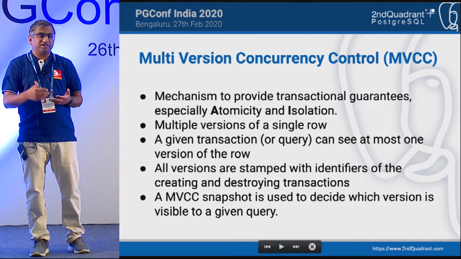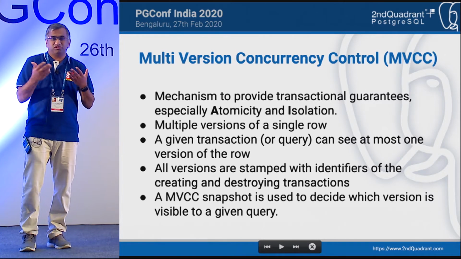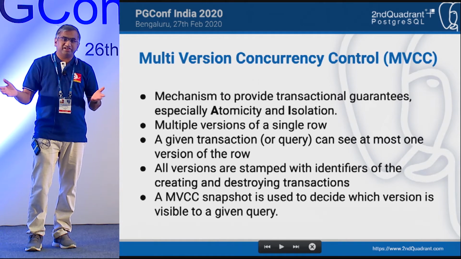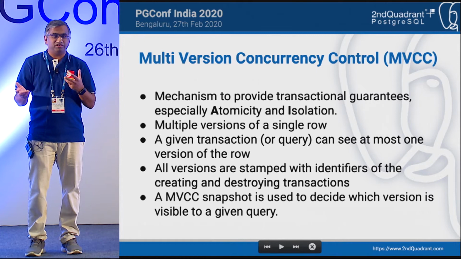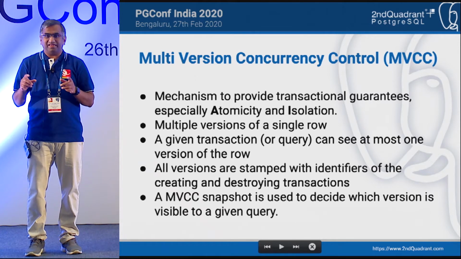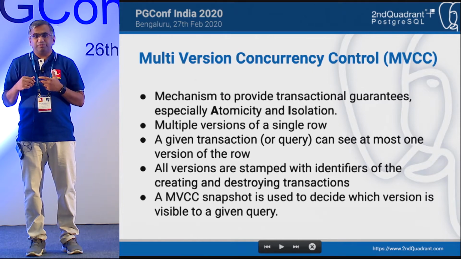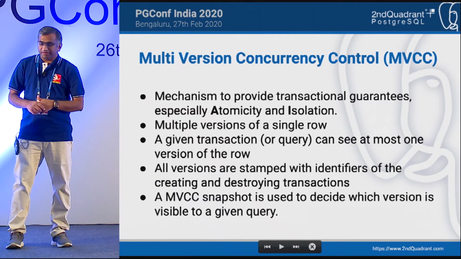And imagine if you are doing repeated updates to a column or a row, sooner or later in your database you might end up having multiple versions of the row, and then you need a mechanism to handle that situation.